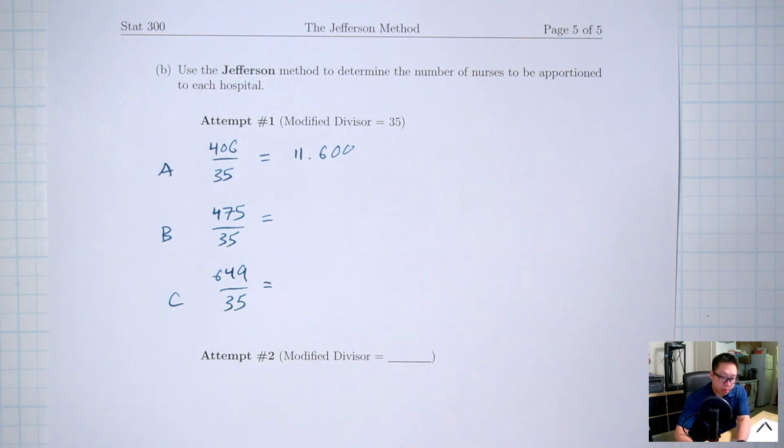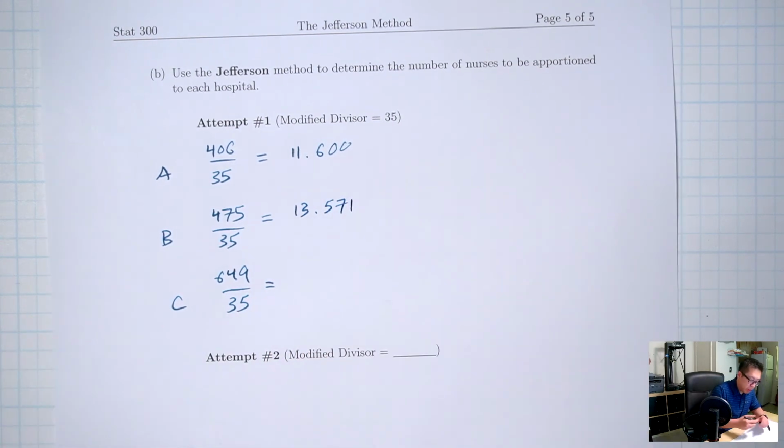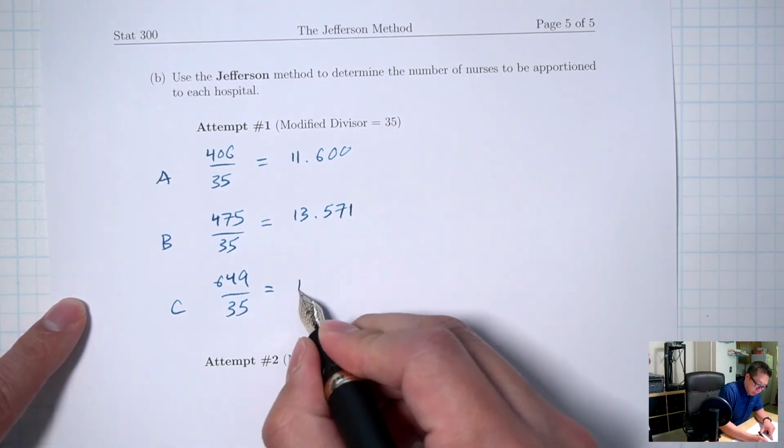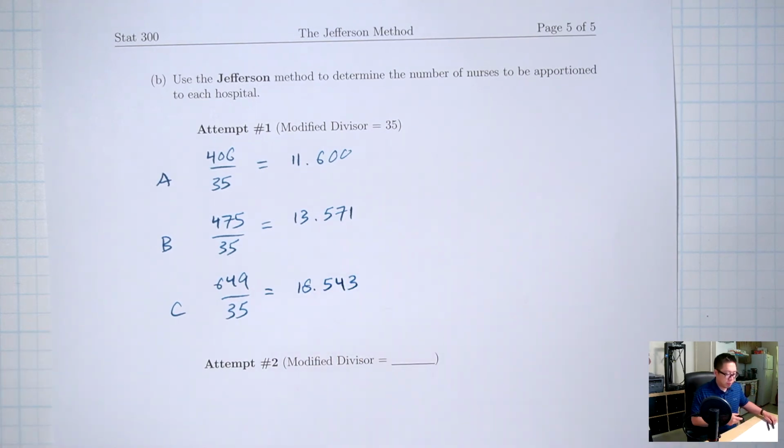B, 475 divided by 35 is 13.571. 649 divided by 35 is 18.543. Right, in the Jefferson method, you round down.